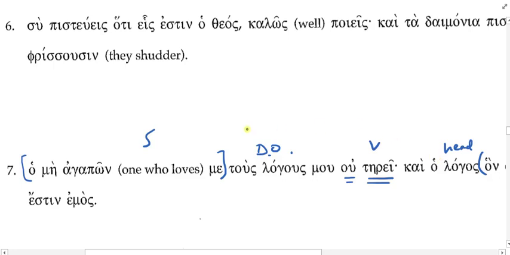Okay, so he translates in his answer key, is not keeping my word? This is one of those situations, as I've mentioned before, where Mounce, I think, overdoes it in his answer key, always going with this present progressive translation for a present tense verb form.